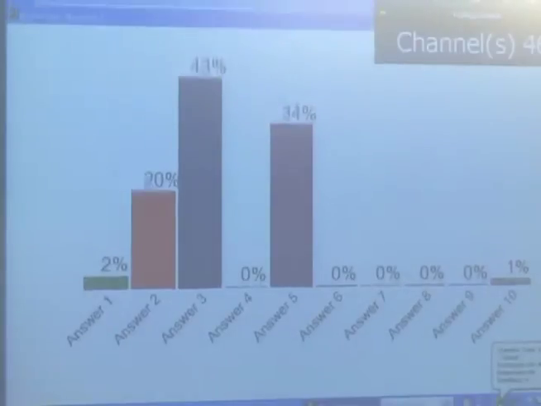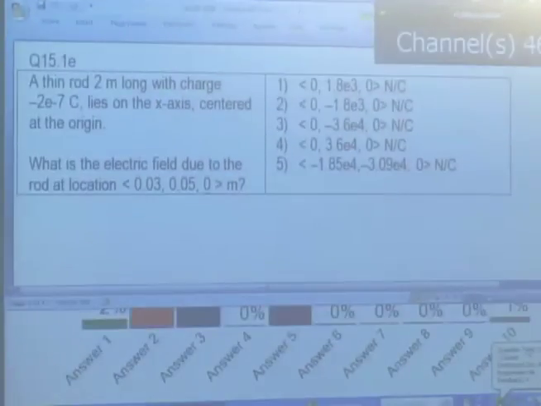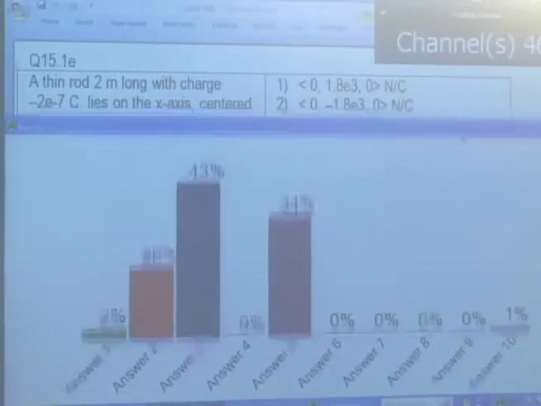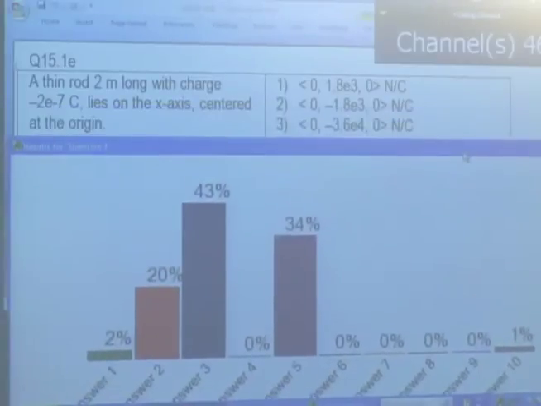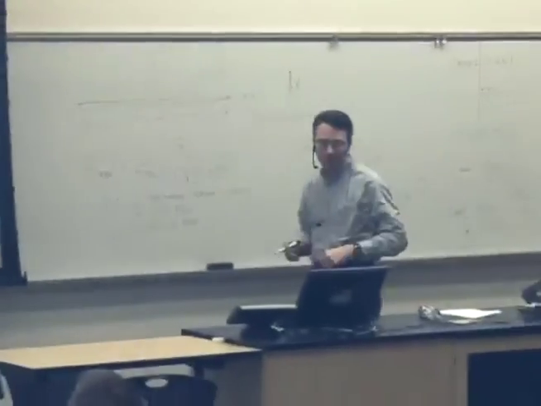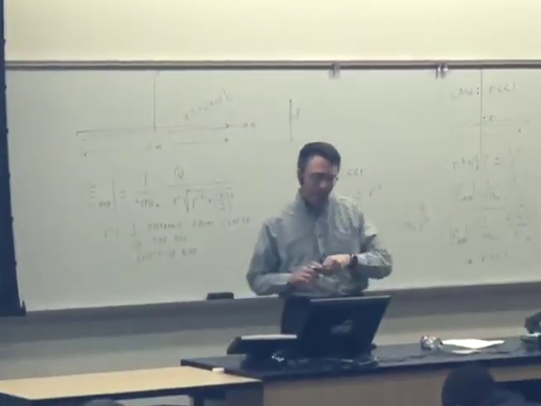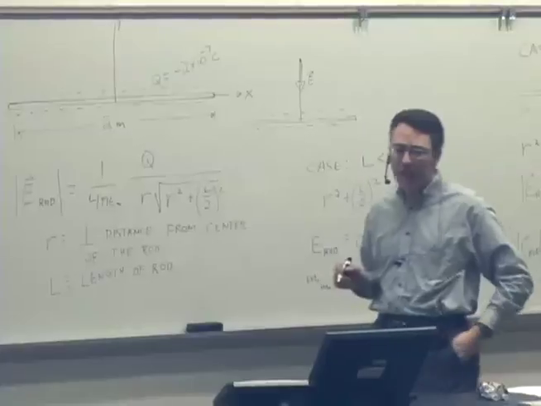Okay, so we have a number of different answers. We have 3 is popular, 0, negative 3.6 times 10 to the 4th, 0 newtons per coulomb. 2 is popular, and 5 is popular. Well, okay, let's take a look at this. First of all, we have a rod that's 2 meters long, and the observation location is 0.03, 0.05, 0 meters.